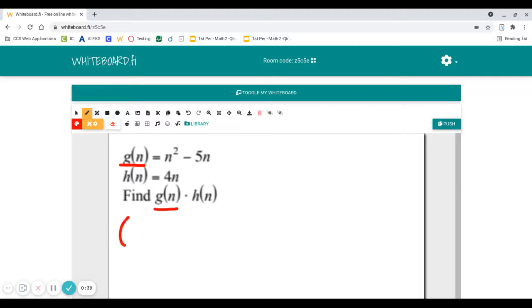So we're going to have n squared minus 5n, and we're multiplying that by h of n, which is 4n.